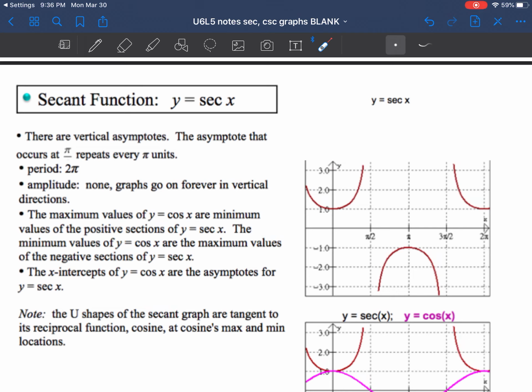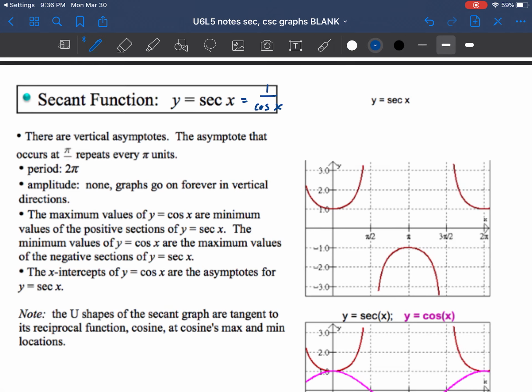All right, secant x. So very similar characteristics, but things change a little bit because secant is equal to 1 over cosine. Again, we have vertical asymptotes, but now the asymptote will occur at, this should be pi over 2. So we missed that.